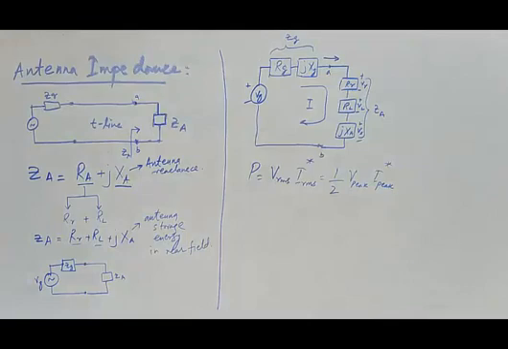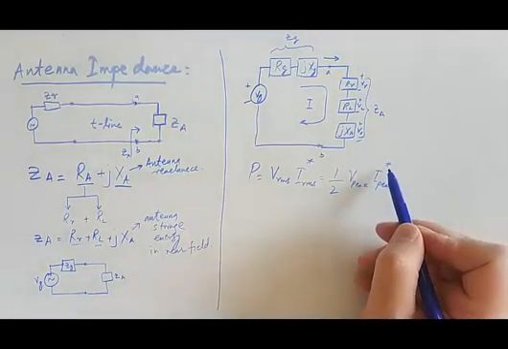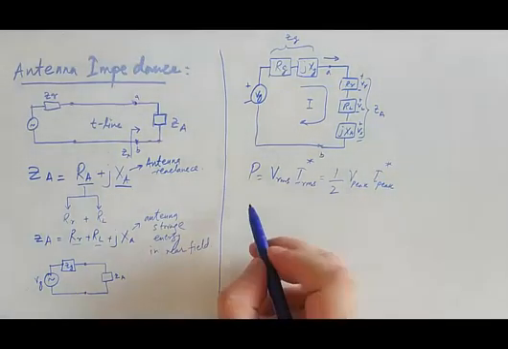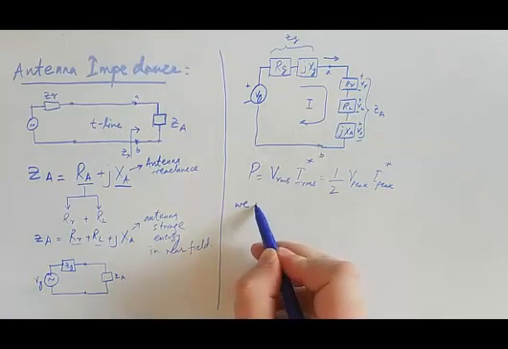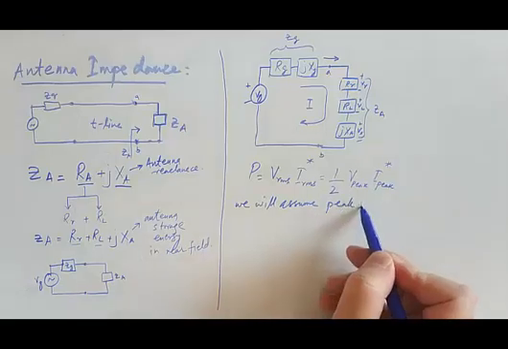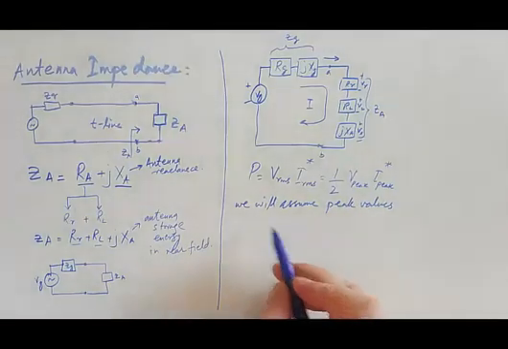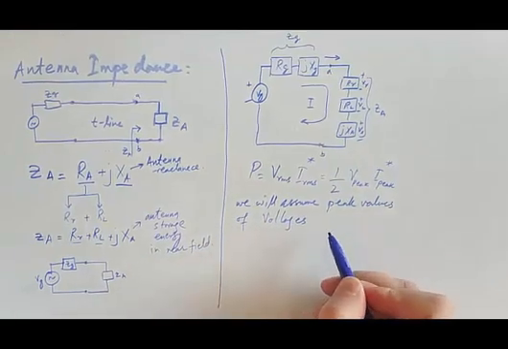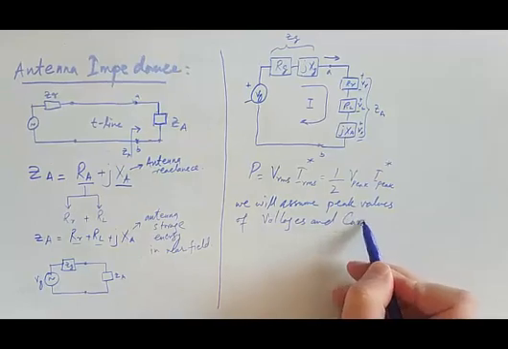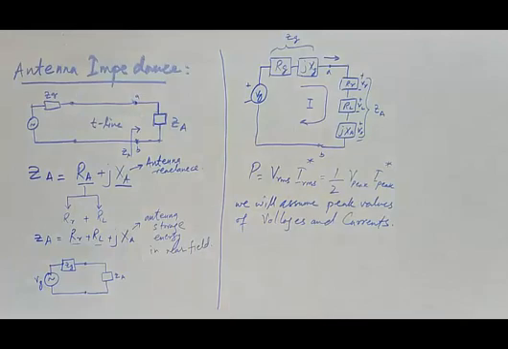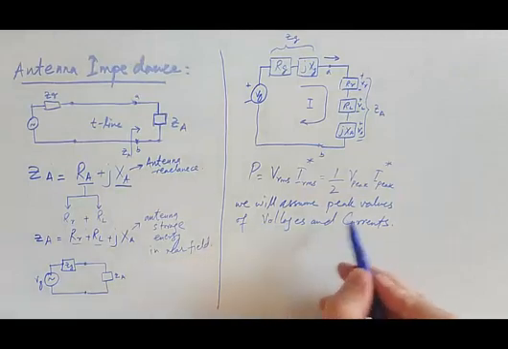This star shows the complex conjugate. We are going to assume peak values of voltages and currents for all the impedances, the power calculations, the power delivered and the power received. We are going to consider all of them as peak values.